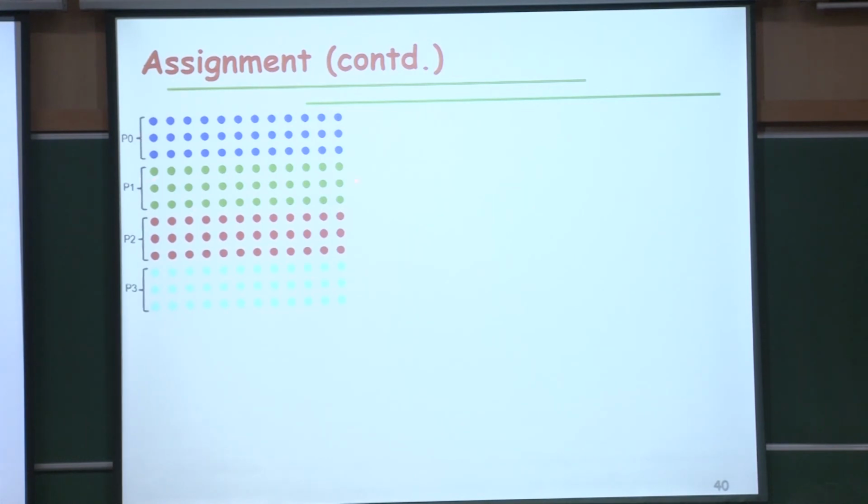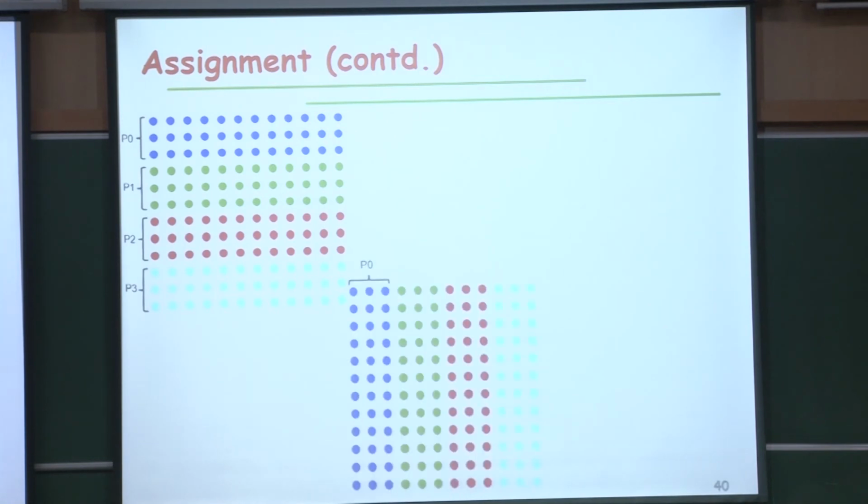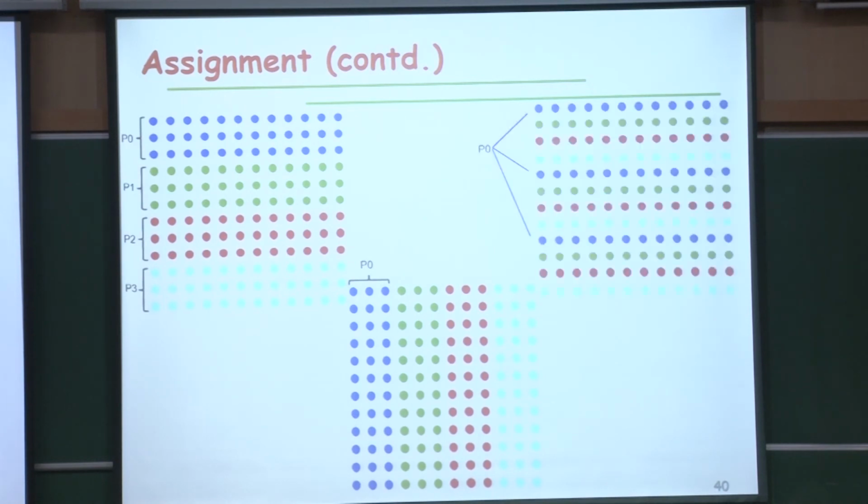Similarly, the next set of 3 rows, the next set of 3 rows and so on. I could have done this column wise. Both of these are block. Here is an example of cyclic, where all the blue rows go to process 0, all the green rows go to process 1, all the red rows go to process 2 and so on. That is another way of doing this.